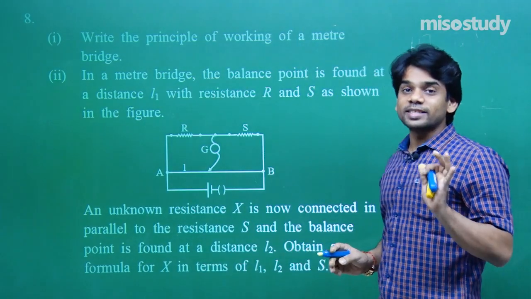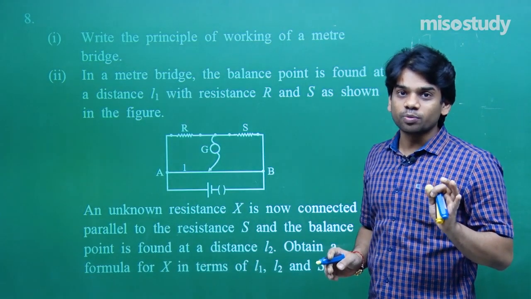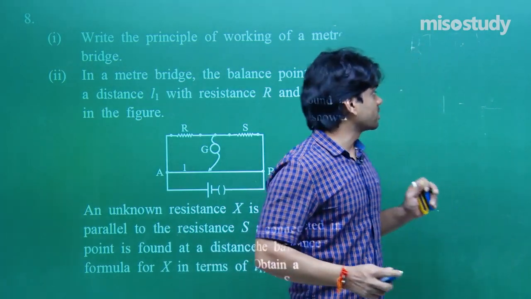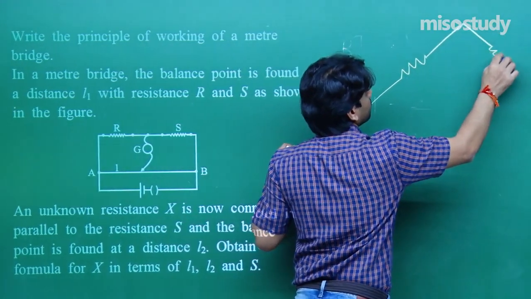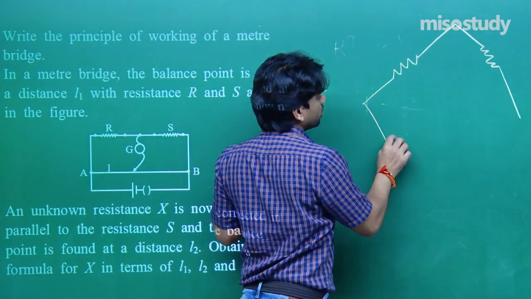Meter bridge principle is very simple, it's based upon Wheatstone bridge, the balanced Wheatstone bridge case. It's a case of balanced Wheatstone bridge.